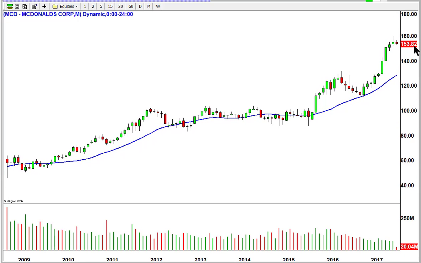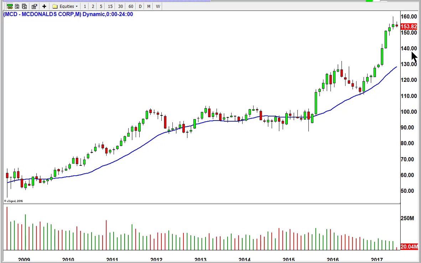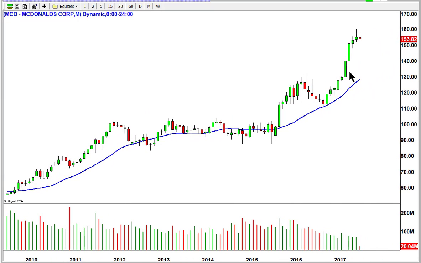So now the question is, can I find a call option to sell that's out of the money that makes sense within a particular time period that makes sense for me? Because based on this monthly chart, it certainly looks like McDonald's is going to pull back or at least go sideways for a period of time. And that's the beauty part about options. It doesn't even have to go down like it would have to if you shorted the stock to make money.